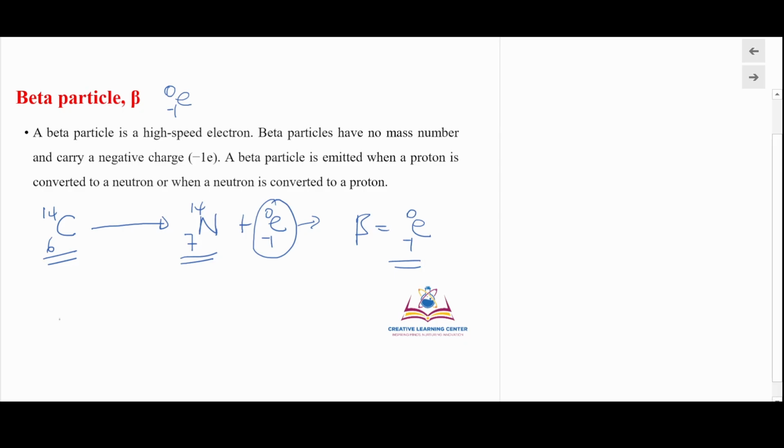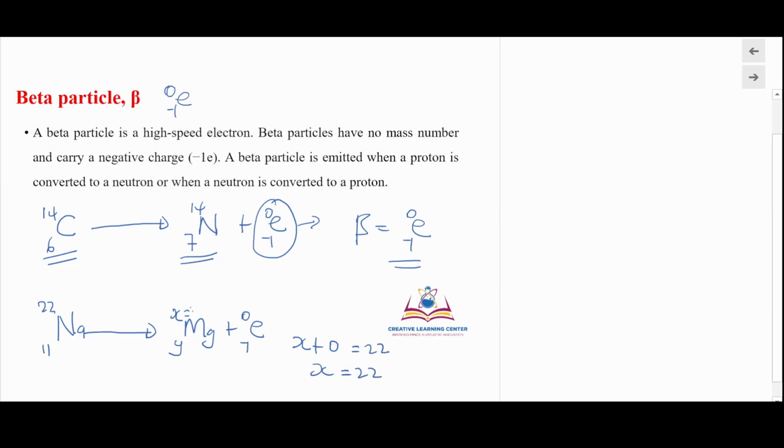If I have sodium, the sodium undergoes decay, and sodium is 22 and 11. It undergoes decay by emission of our beta particle to give us magnesium plus our beta particle. The beta particle is our electron, 0 negative 1. If this is X and this is Y, let me try to get X in this case. My X plus 0 is equal to 22. Therefore, X is equal to 22.